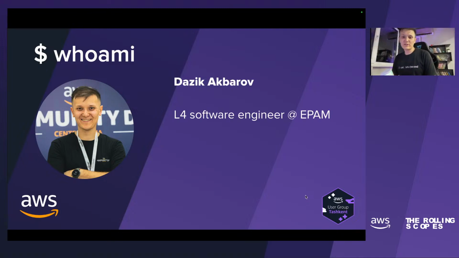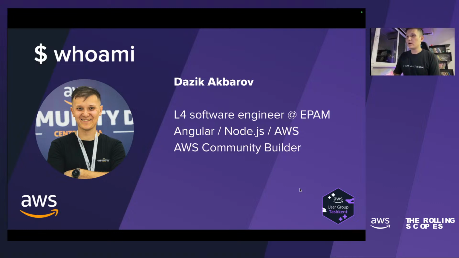I'm streaming the workshop. My tech stack is JavaScript development, so I use Angular for front-end. I write some backend code using Node.js as a runtime, and usually I deploy my backend code to AWS. I am an AWS Community Builder. That means that I do some public speaking here in Tashkent, where I am located.